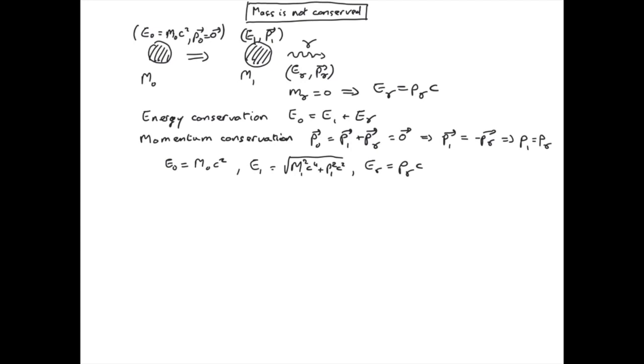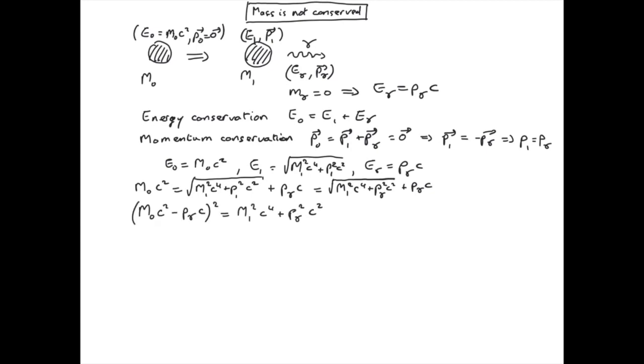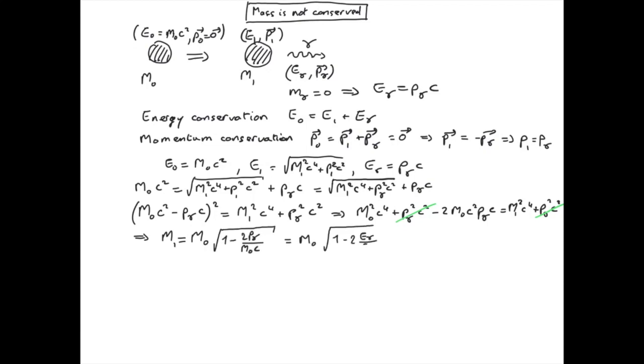So using the energy conservation equation, we finally get a relationship between the masses and the momenta, where we have used the fact that P1 is equal to P gamma. Now we solve for M1. So we see that M1 and M0 cannot be the same masses.